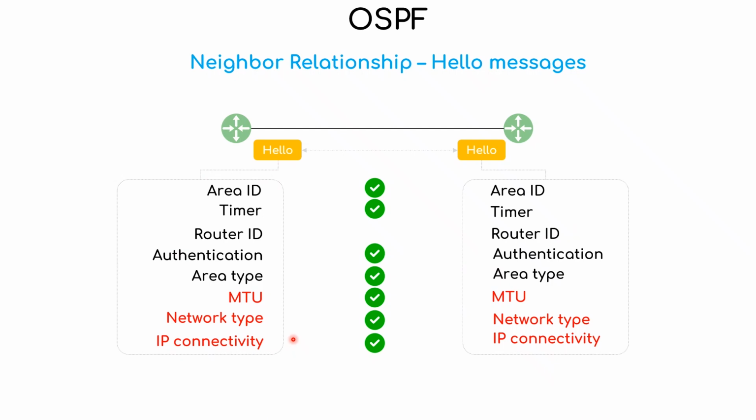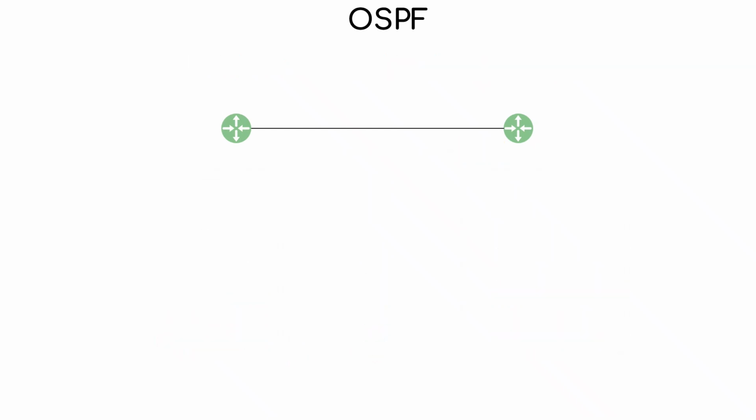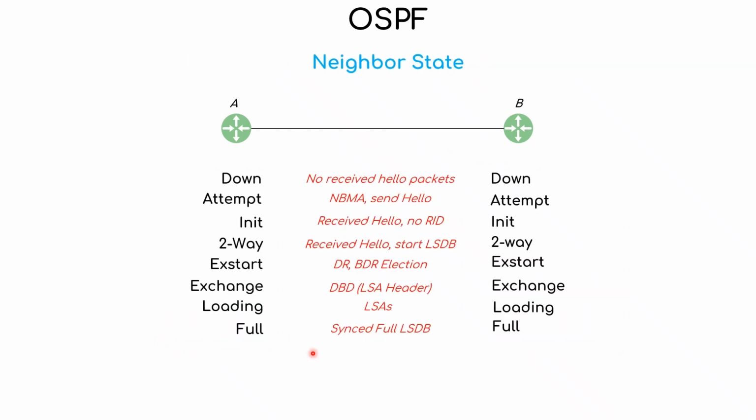So if I understand the neighbor relationship conditions, I can guess the interfaces of the two routers have a mismatched MTU, because the neighbors are stuck in Exchange and ExStart. So I can check the MTU on both interfaces and save time, and then I can resolve and troubleshoot my problem more easily.